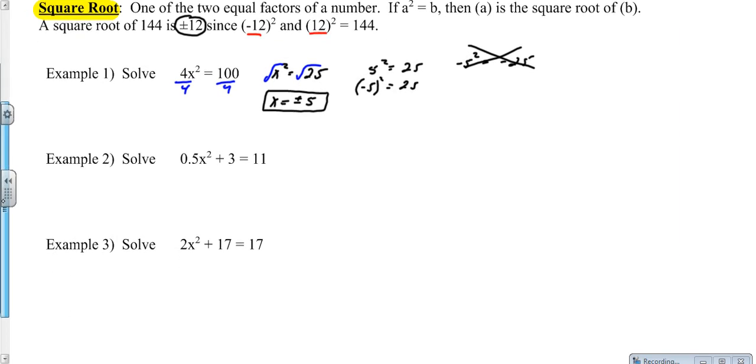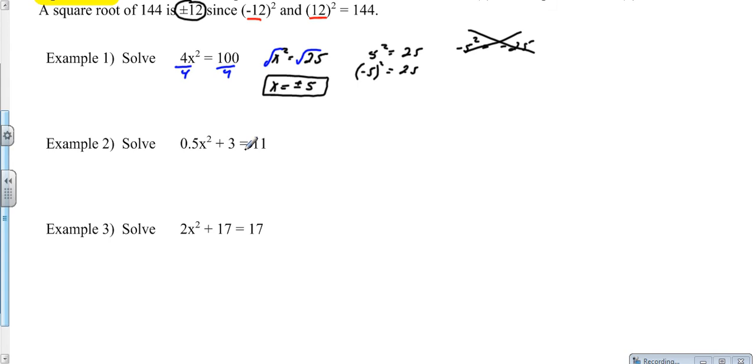So let's look at the next one. Now this is pretty complex compared to the other, but again, it is important to understand that we cannot undo a square unless we have it isolated. So our same rules apply in terms of isolating that piece. We would subtract 3, and we would get 0.5x squared equals 8.